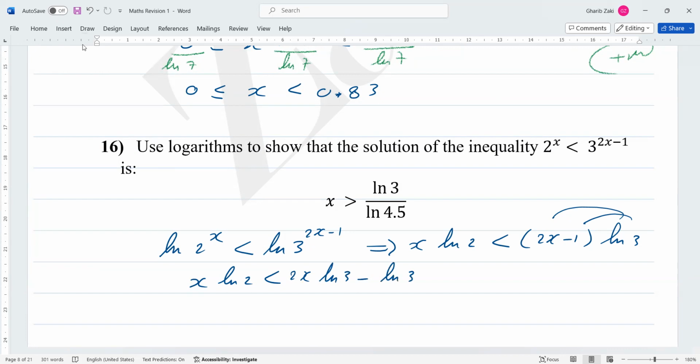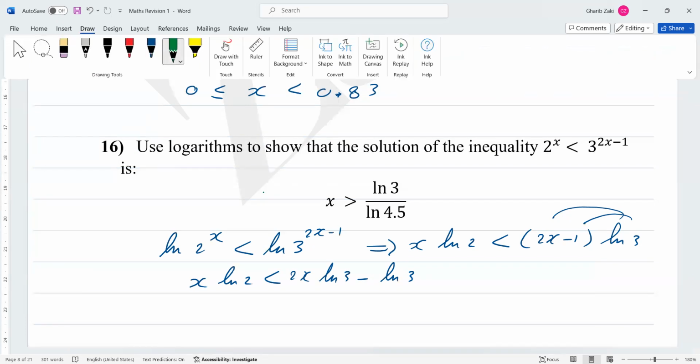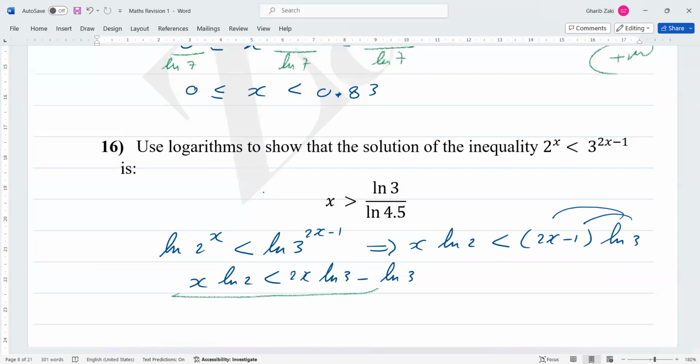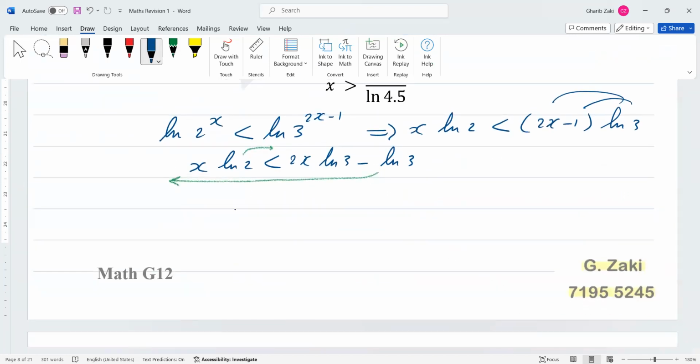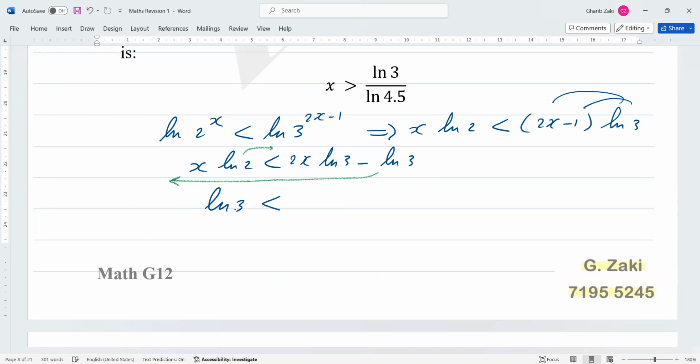Now, what do we do? Shift negative ln 3 to the left side and x ln 2 to the right side. Then we will get ln 3 is less than 2x ln 3 minus x ln 2. Take x as a common factor. So ln 3 is less than 2 ln 3 minus ln 2, multiplied by x.